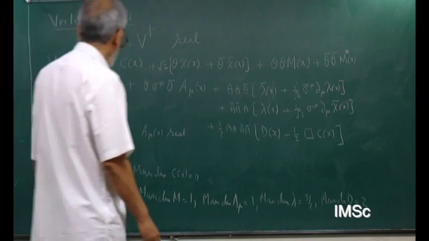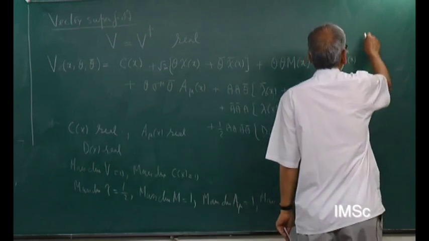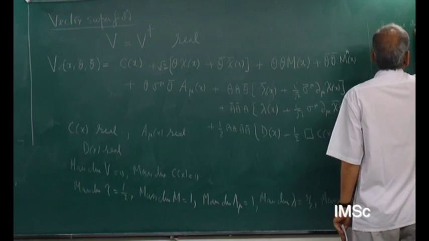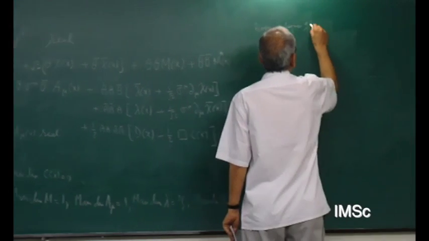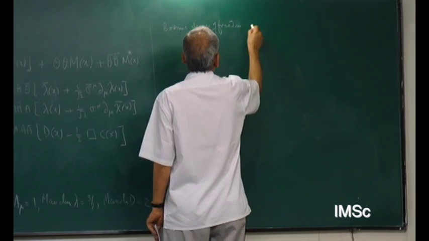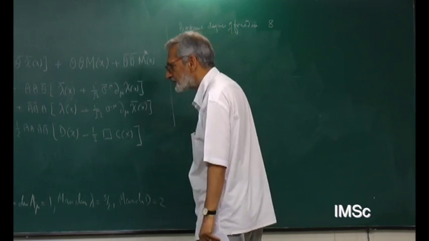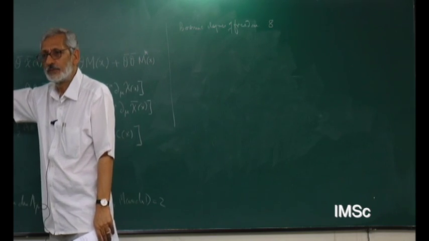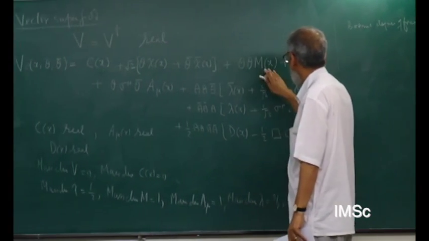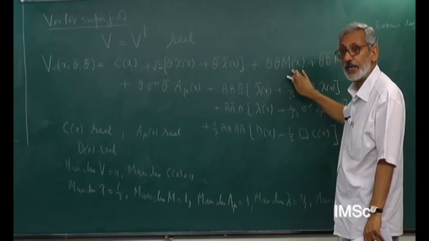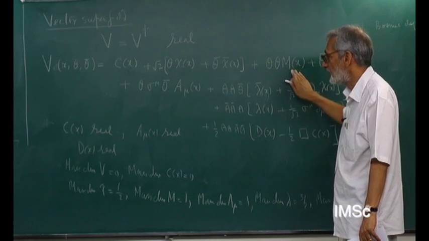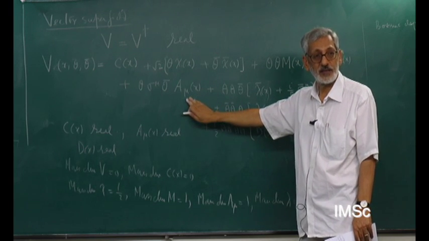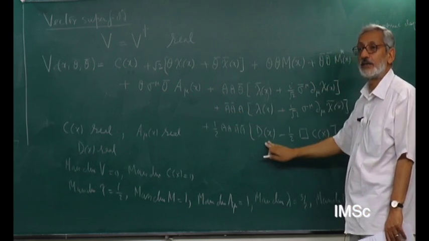Now you count the bosonic and fermionic degrees of freedom here. Bosonic degrees of freedom, is it 8? 1 and 2 here is complex, 2 real. So that is 3, 4 here, 7, 1 in D, 8 real.